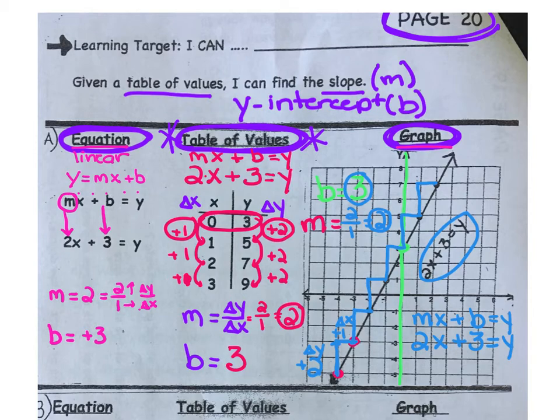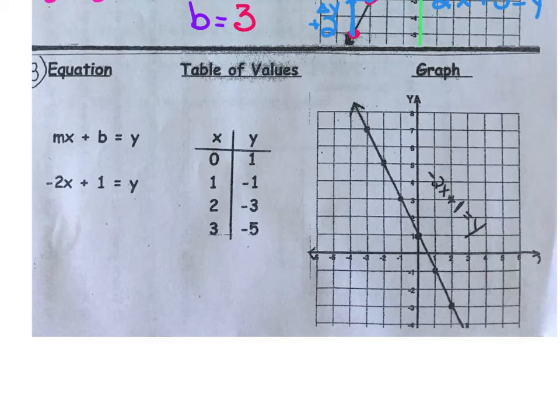Now let's look and see what's given to us in letter B. In this particular case, we're given again an equation, a table of values, and a graph. Let's quickly look at the equation.